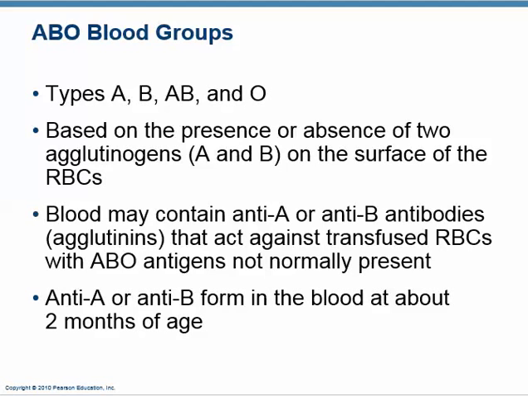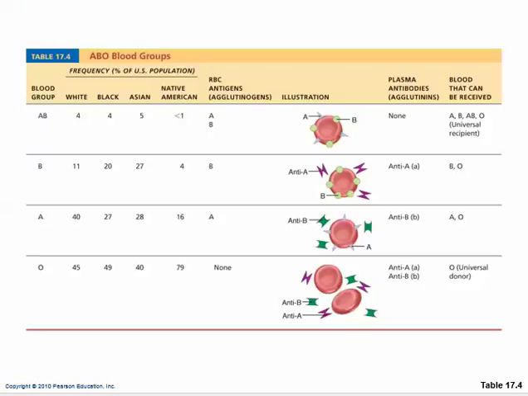This happens automatically when you're very young. You make the antibodies against the ones that you don't have. The people that have type A antigens here make anti-Bs. The people that have only B antigens make anti-As.